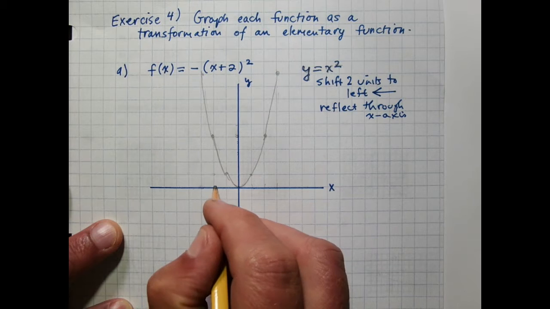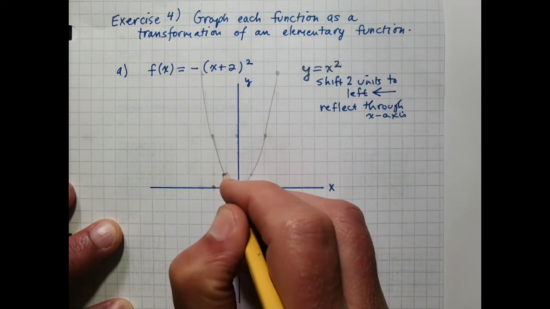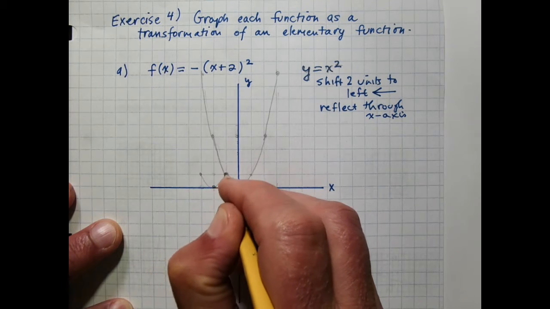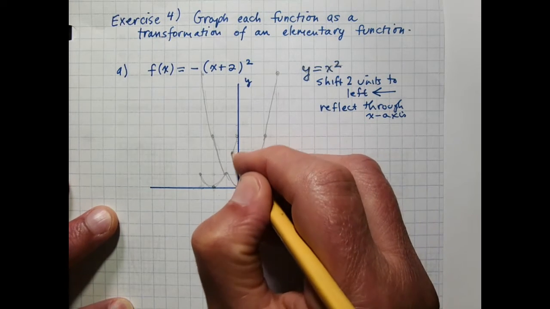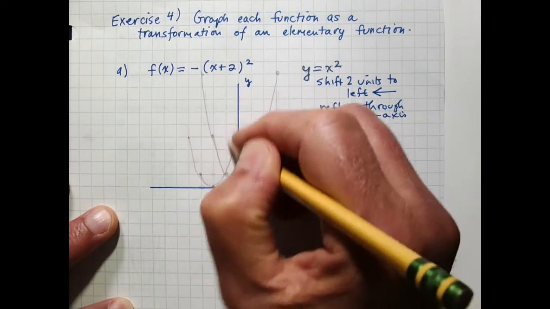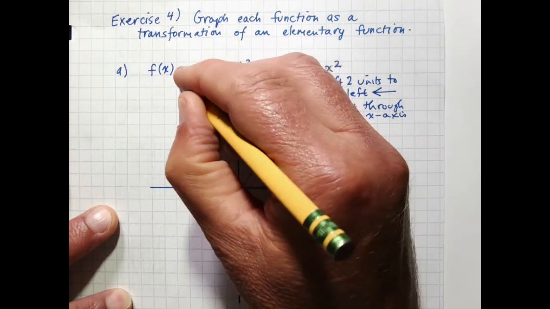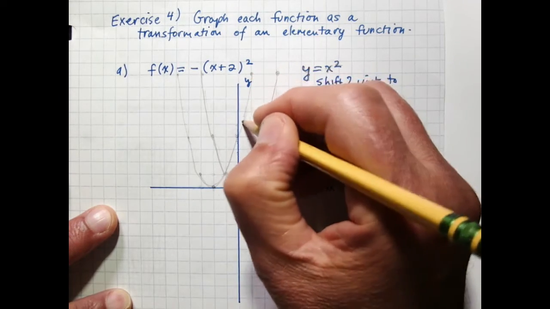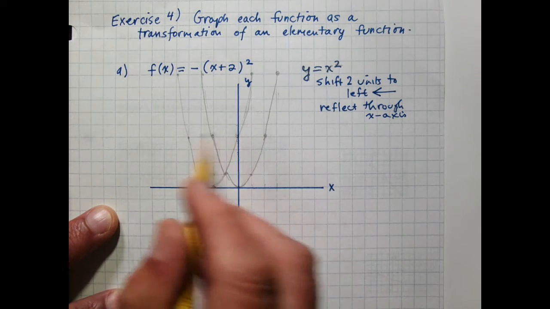The main thing is to get the vertex shifted 2 units to the left, right? And then my points at 1 and negative 1, so that turnaround of the parabola is going to be there. I'm going to go up to that point here. This is going to shift 2 units over, and these guys will each shift 2 units over. Okay, so now I've got an image shifted 2 units to the left.